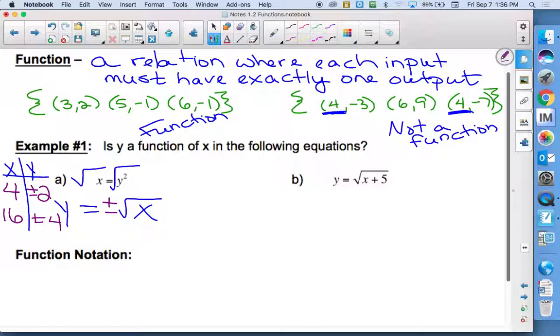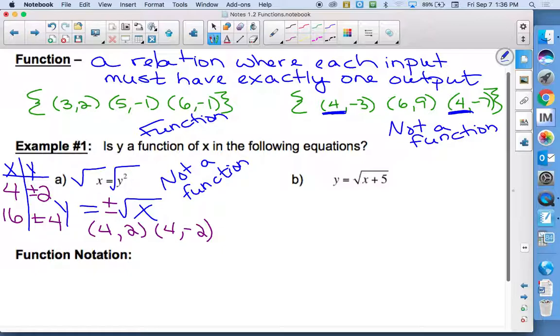Brandon? That's not a function. Because 4 is paired with 2, and 4 is paired with negative 2. 16 is paired with 4, and 16 is paired with negative 4. This is not a function. So one x value gives us two separate y values. So this one here is not a function.